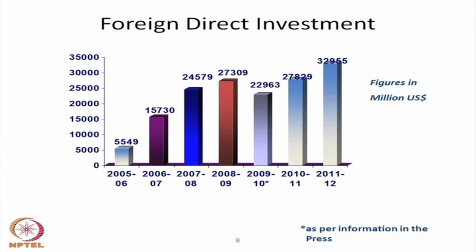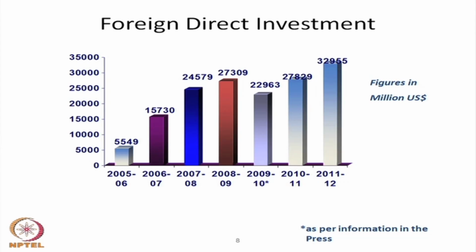In 2005-6, it was 5,419 million, which increased to 32,955 million US dollars over the last 7 years. And this justifies a positive policy framework from the Government of India and the RBI on foreign direct investment.